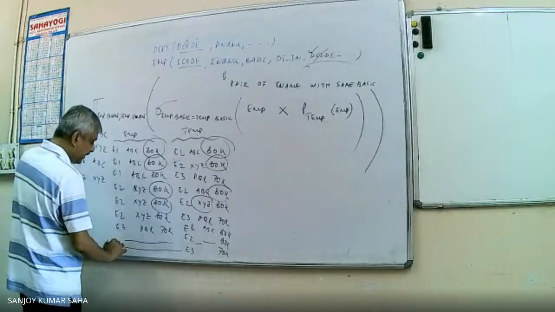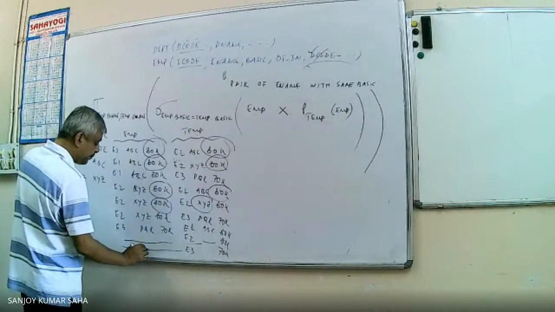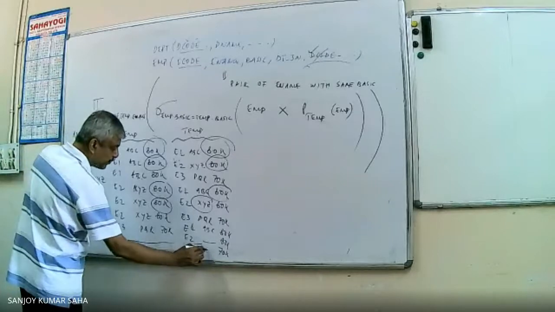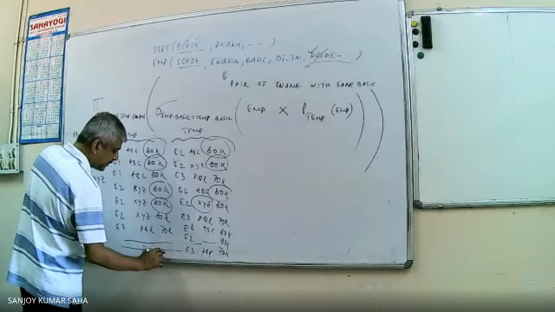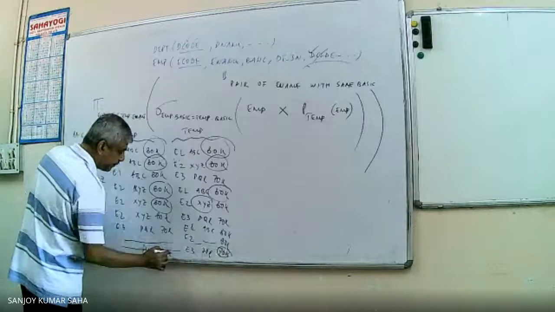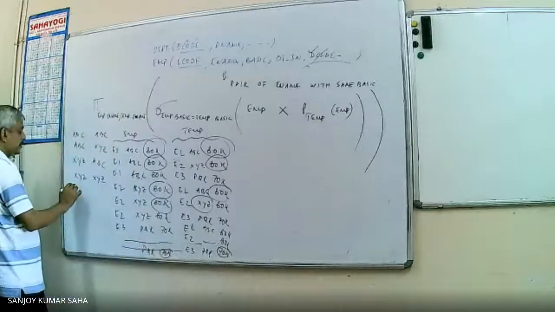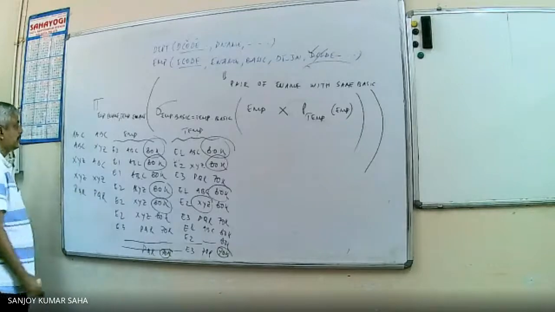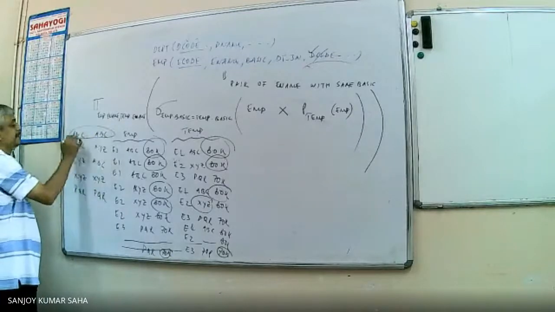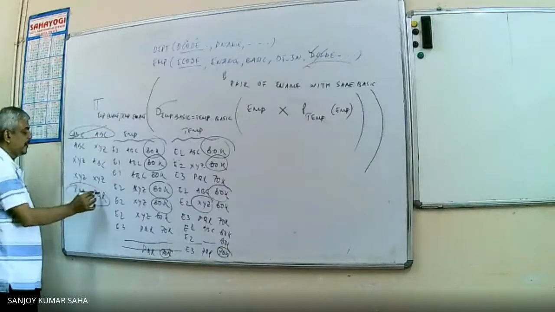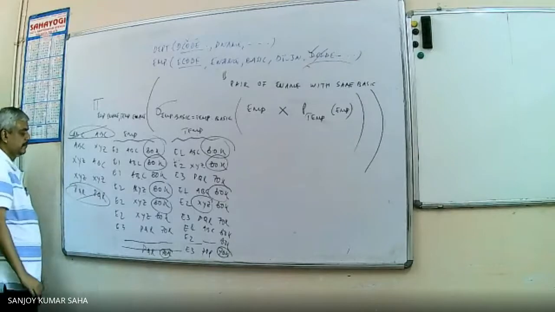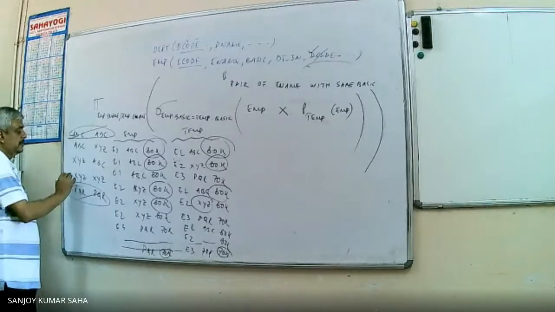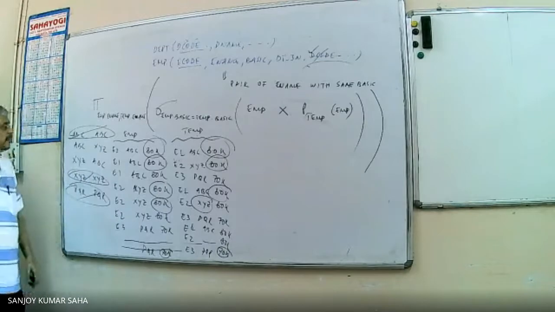Then E3 PQR, here also PQR, this is also 70K, 70K. So PQR, PQR. Now see, this is the same person, so obviously I don't want this. This is also the same.